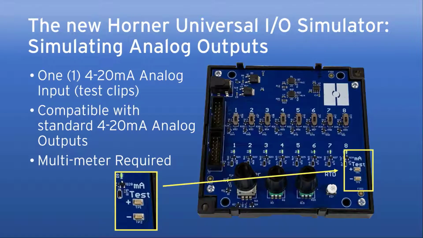And then you can apply some test leads to a couple of test clips and then use your multimeter to verify that the output level, the milliamp level, is what you would expect based on your program. So it does require a multimeter, but it's a pretty common approach to solving this without adding a lot of cost, which would make the product expensive. And the more expensive it is, the less people will be able to take advantage of it.